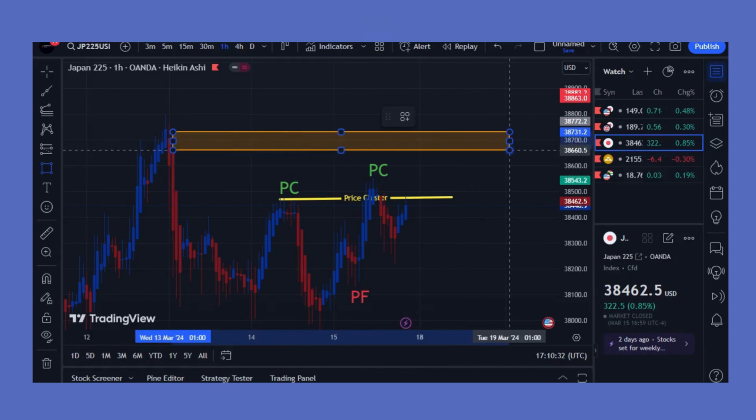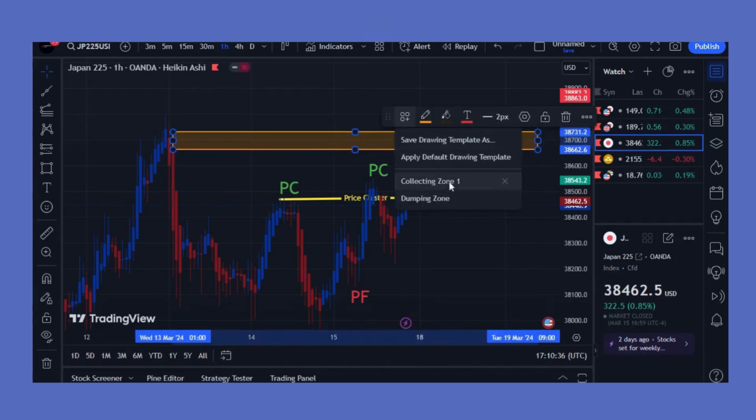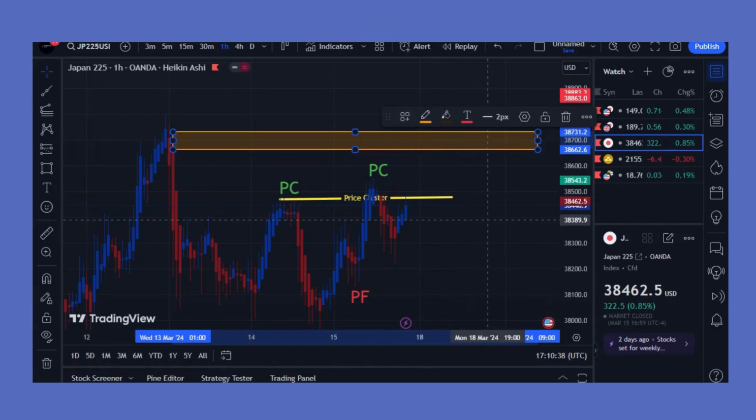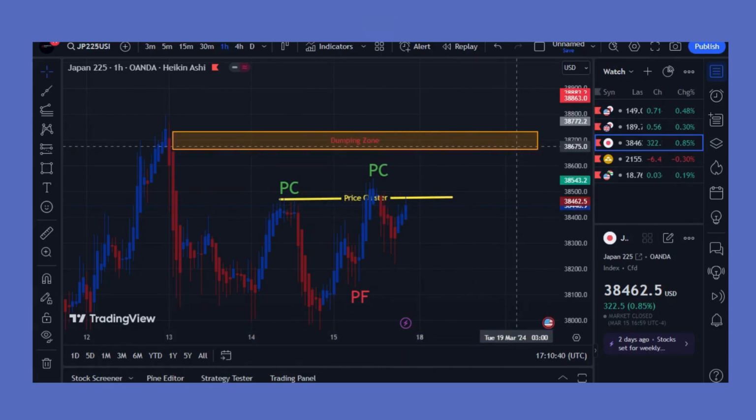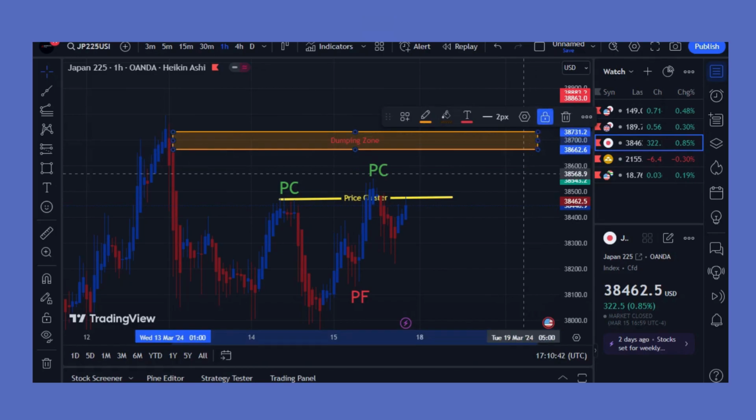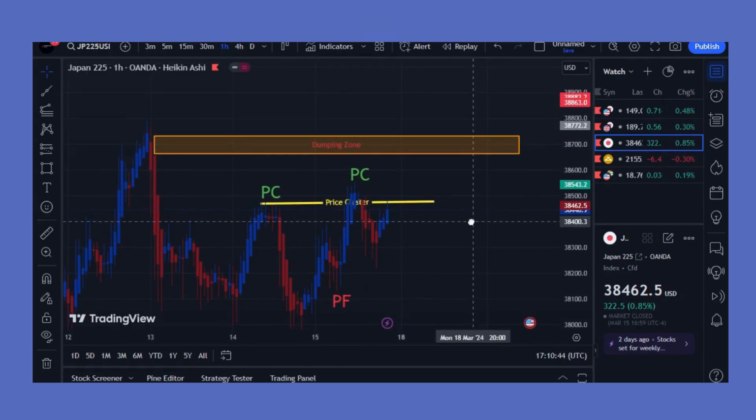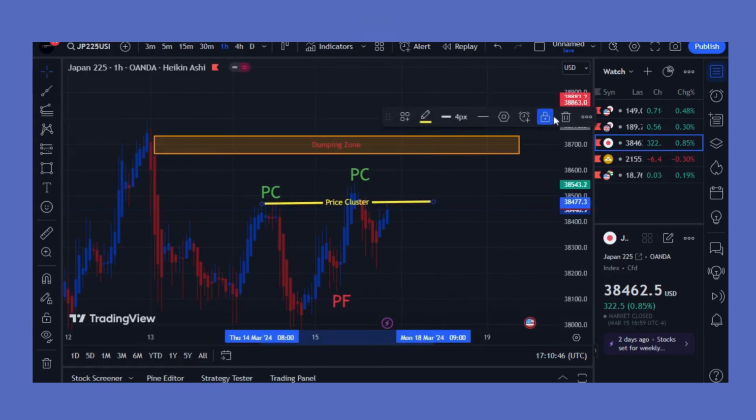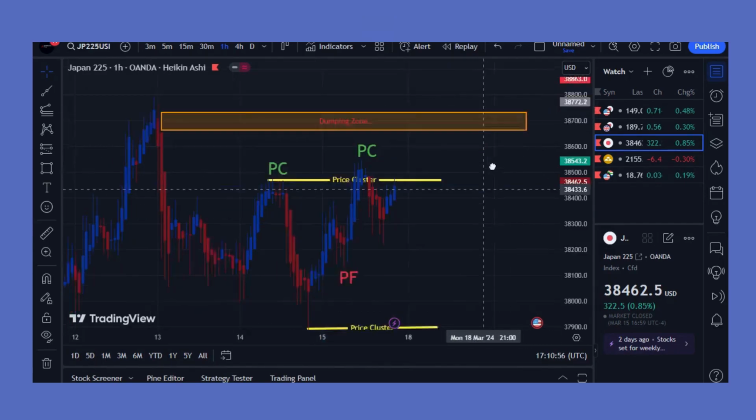Look at this, lovely. This is a dumping zone. There's a dumping zone here. So there's a possibility that the price is definitely going in the upward direction, broke the price cluster, retraced to the downside, and proceed to the upside.